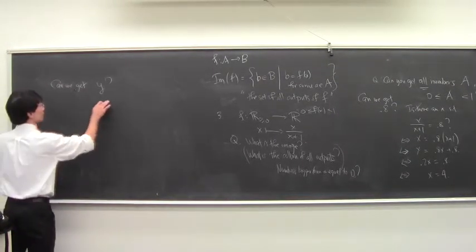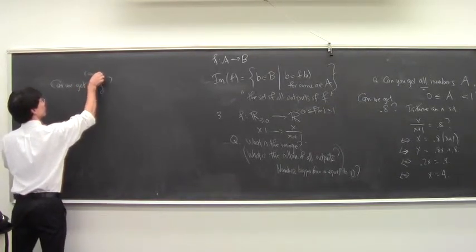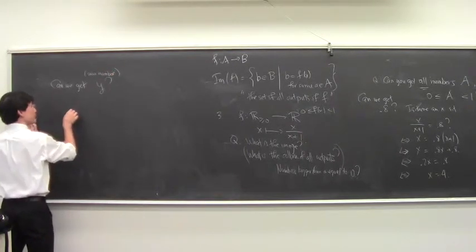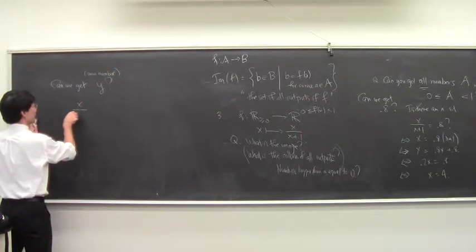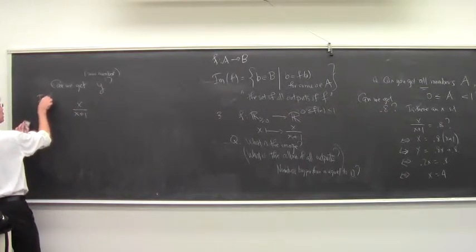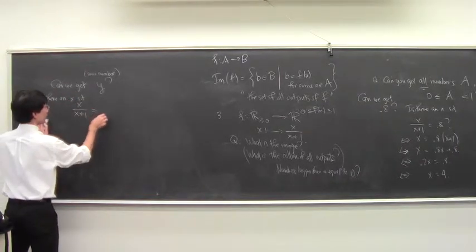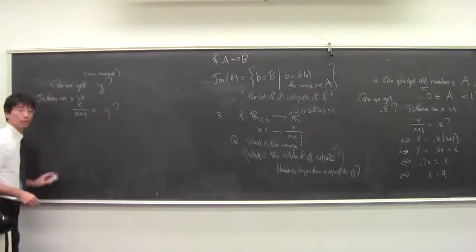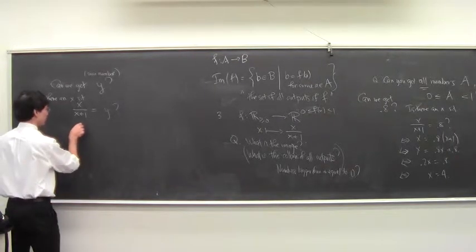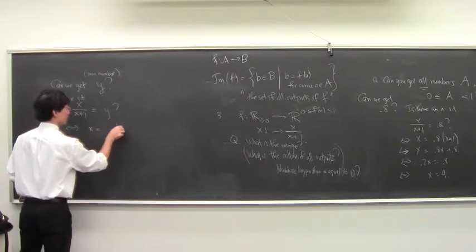Okay, can we get just some number y between 0 and 1? So you say, okay, in that case, we would need x. Is there an x such that x over x plus 1 is equal to y? And we play the same game, right? In that case, we need x to be y times x plus 1.